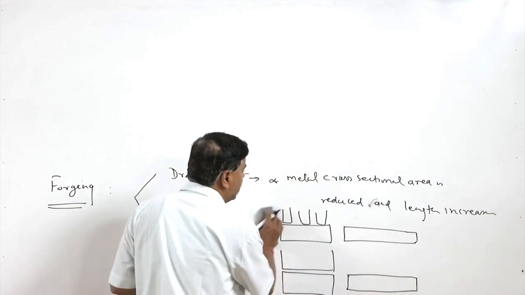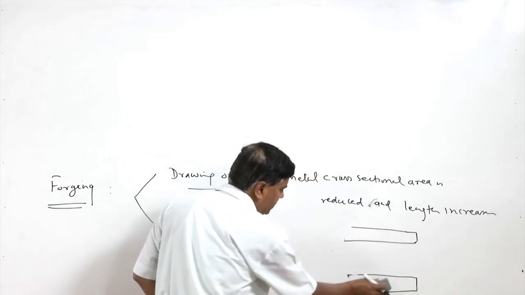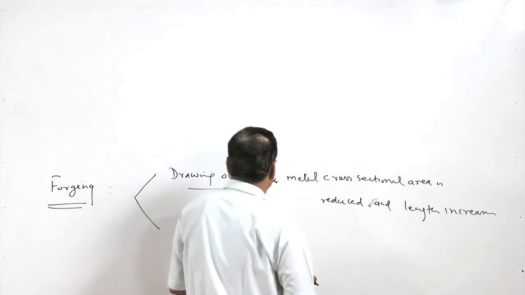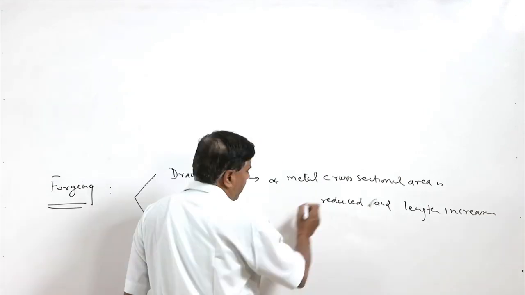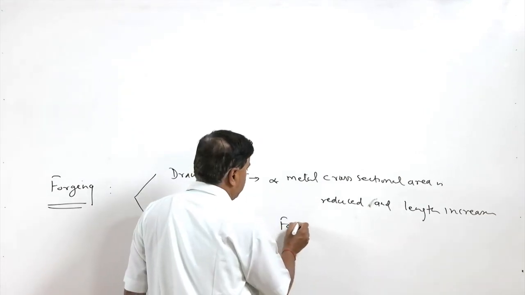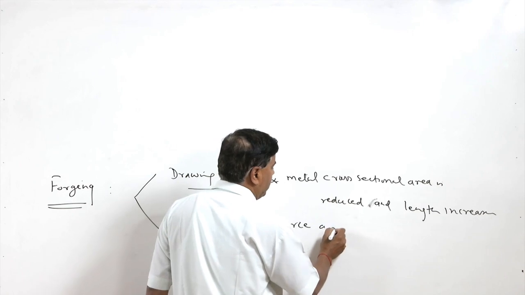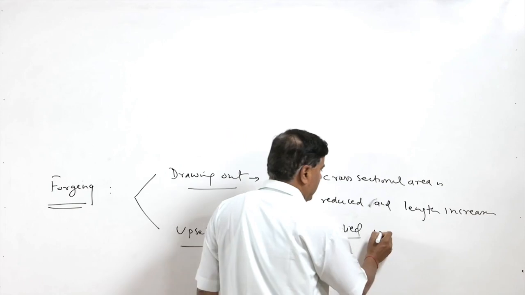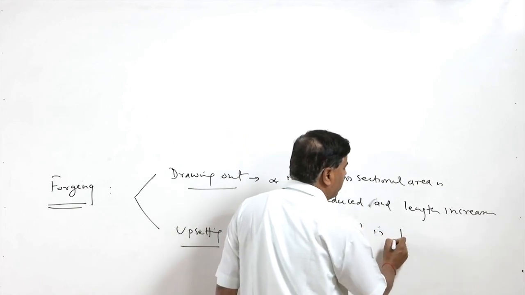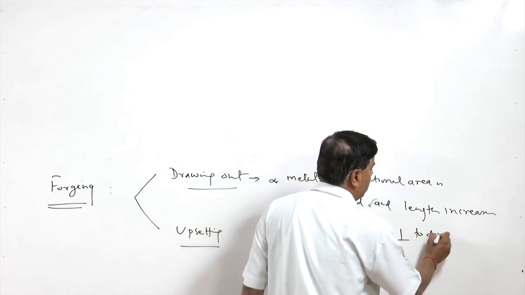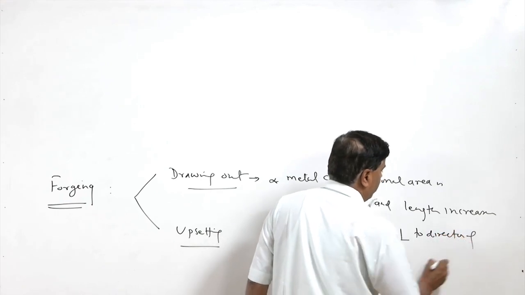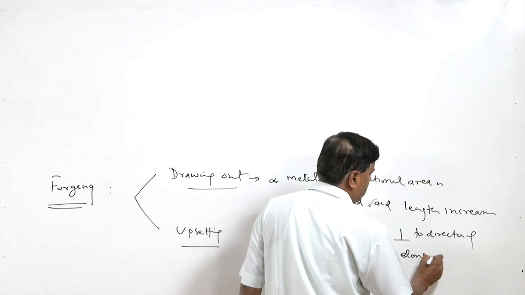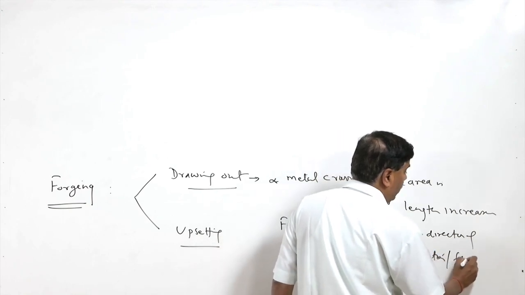So, basically the cross sectional area is reduced and the length is increased. If we see here, the force is applied perpendicular to the direction of elongation or flow of the metal.